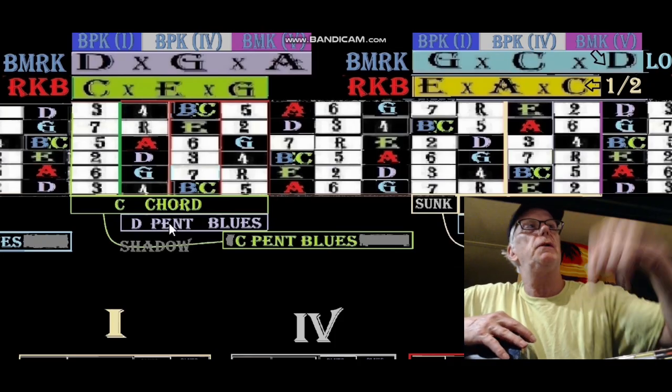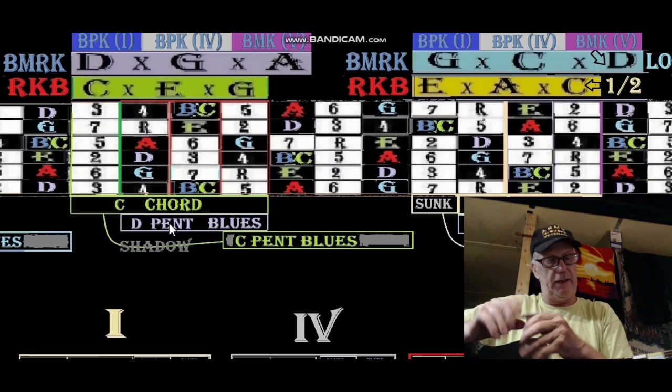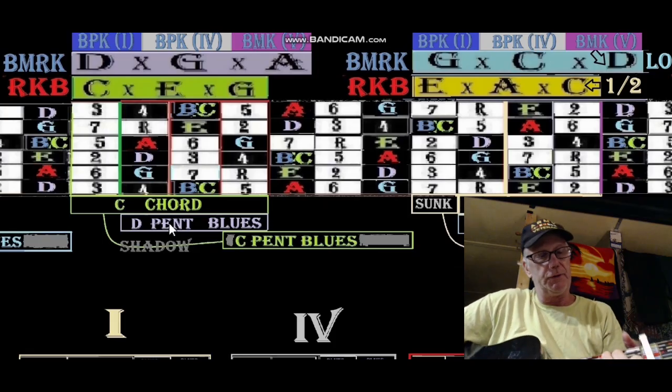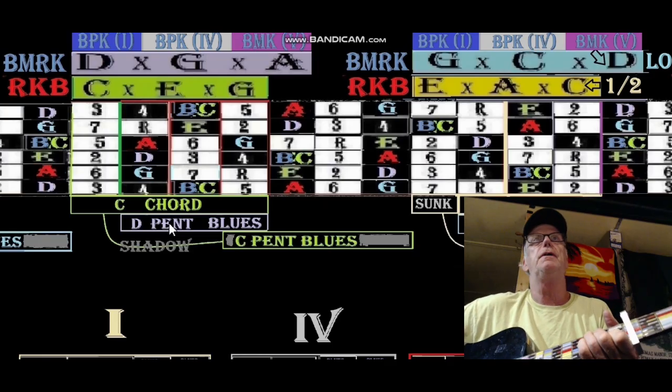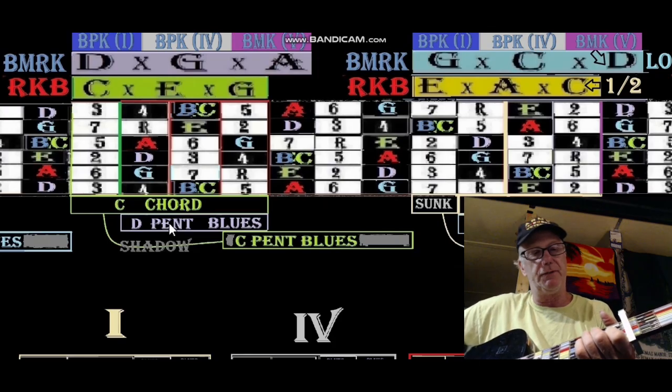So that's why we didn't have to really finger bar it at all. That was just an exercise for me. We're doing the C blues. Okay, that's your C7.